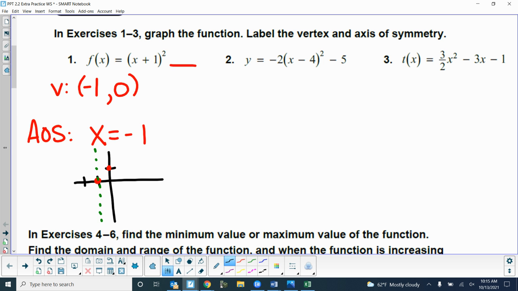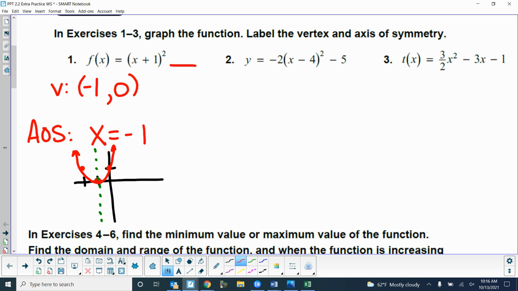If we think about what we've been learning, the squared part tells us it's a quadratic, a parabola, and the transformation is just moving left 1. So all it is is our parent function moved left 1. Okay? So there's our graph.